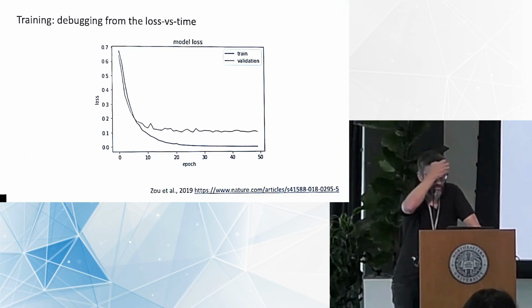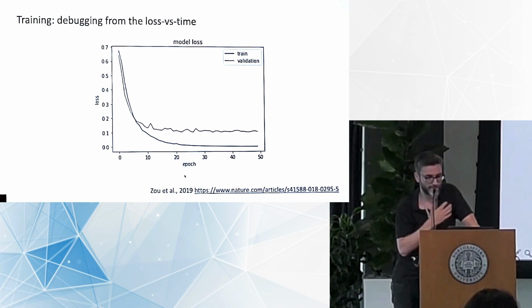Okay, one thing about debugging training. Here is how your performance as a function of passes through your data set might look if things were going well. Epoch is just jargon for one pass through your training set. You would see your training loss plummet.